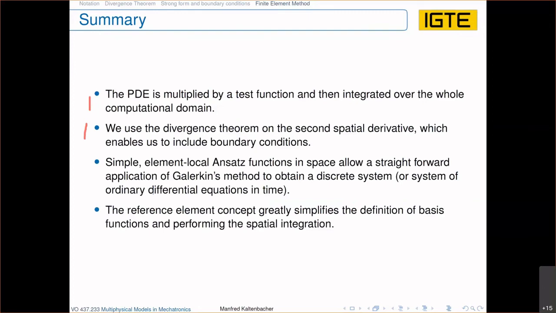By breaking down the computational domain and not integrating each entry of the system matrix over the whole computational domain, we break it down to each finite element, and therefore we also have this so-called assembly procedure to be considered. But we are clearly more efficient because we have just local connections, and that is due to the sparsity and the local support of the basis functions. We will have at the end a system matrix which is sparse and has just few entries being different from zero.